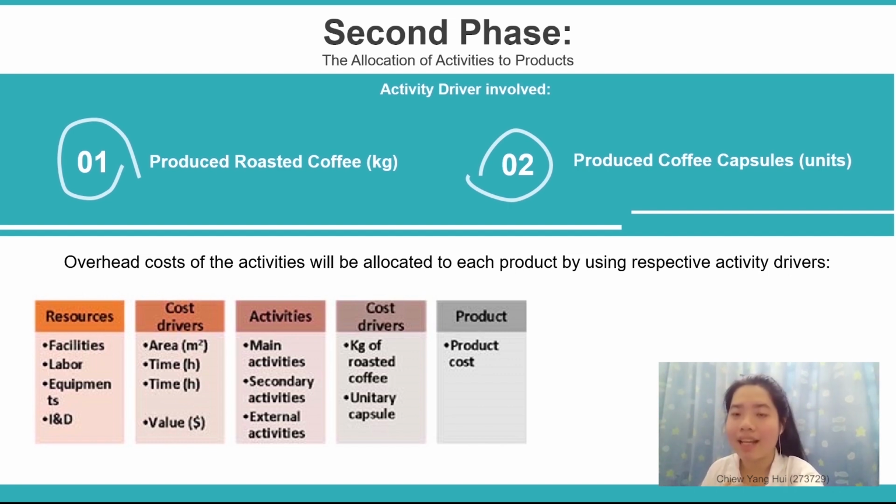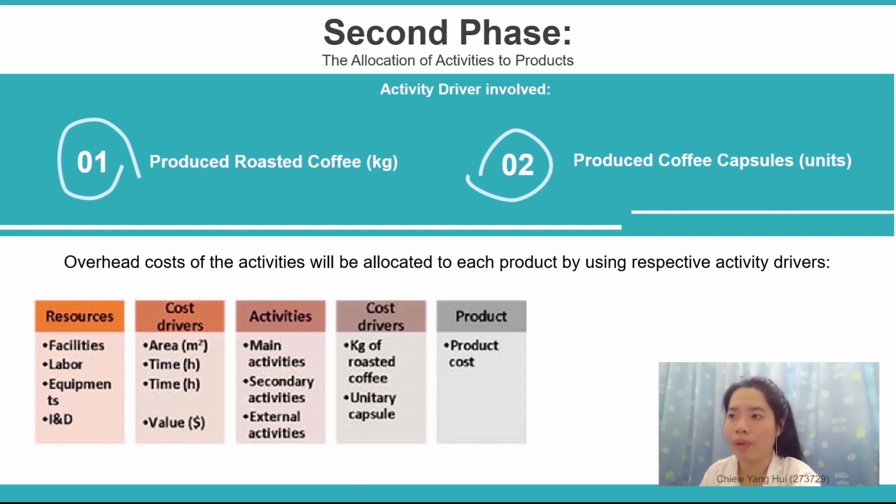In our case, the activity drivers involve producing roasted coffee, measured in kilograms, and producing coffee capsules, which are measured in units. To properly allocate the cost to the products, the company must first identify the activities that are required to create a product.